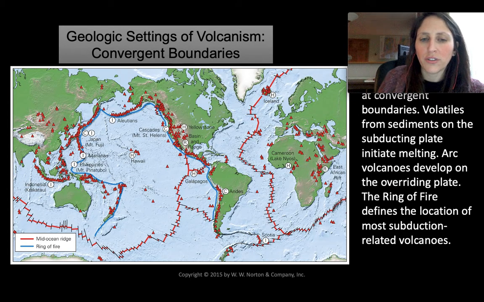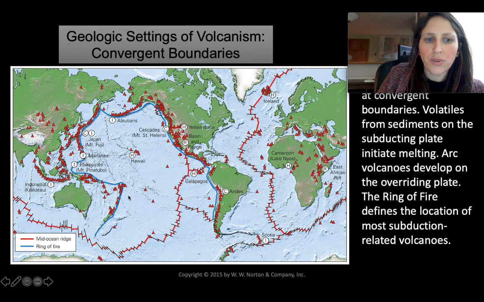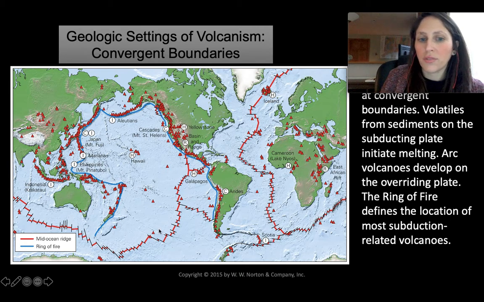Okay, so we have convergent boundaries, right? Our ring of fire, which is where we get all of our really crazy explosive volcanoes. South America, we have our northwest corner of America. We have Alaska, right? These are all going to be nice explosive types of volcanoes for the most part.